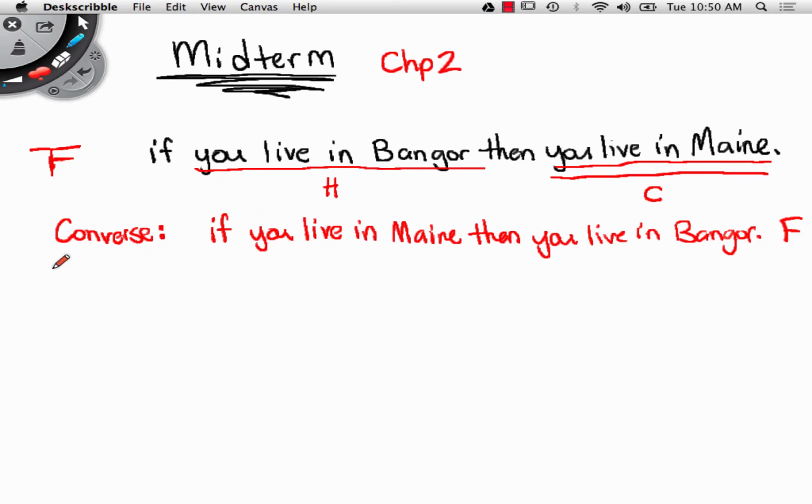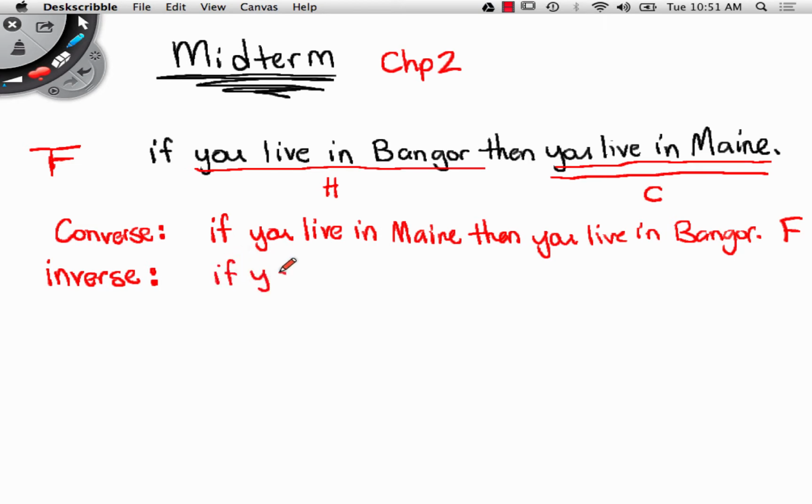Good. All right. You've got to remember how to take the inverse of something. So how does one take the inverse correctly of something? You take the opposites. Do you switch? No. Not yet. You don't switch. So all you're going to do is you're going to take the opposite of the hypothesis. So what's the opposite of you live in Bangor?